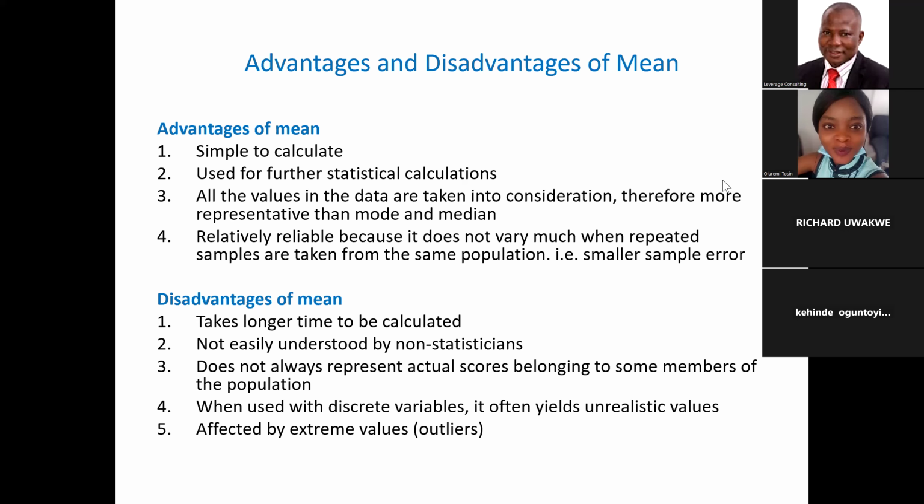If you have an extreme outlier, we still talk about outliers. Outliers are values that are significantly different from the others. For example, in this class now, if you calculate your average weight, the average weight may be around 75. Some people will be big, some people will be small.